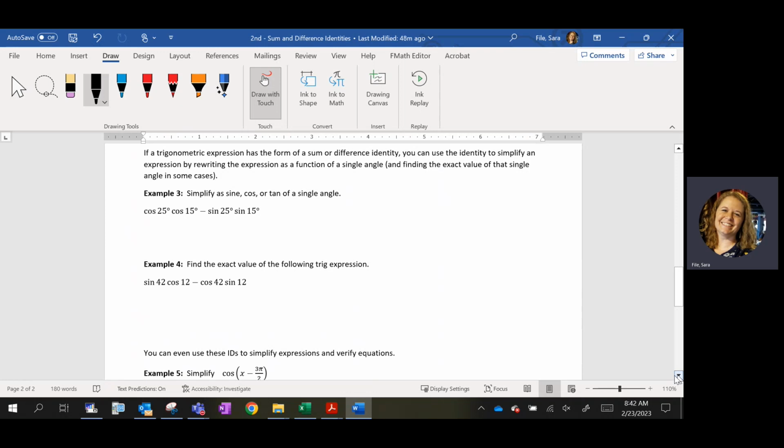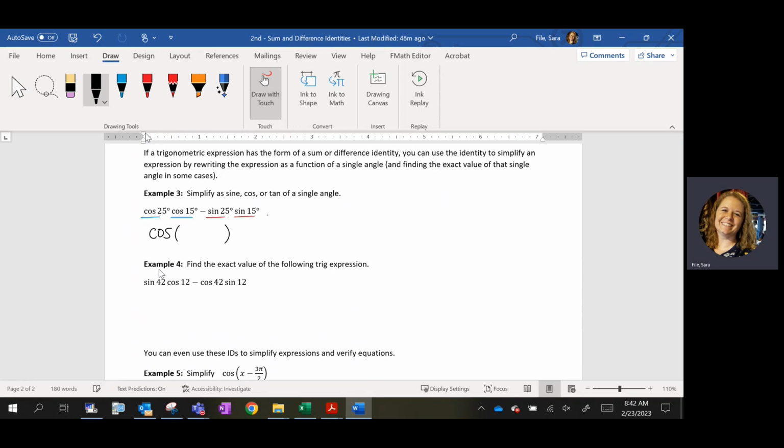This matches one of our identities. Notice how sine of each angle is together and cosine of each angle is together. So is this a cosine or a sine sum or difference identity when they're separated like that? That's cosine. So I know it's going to be cosine.